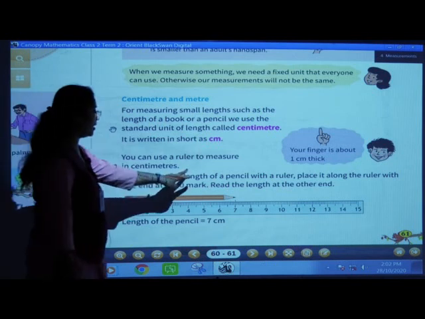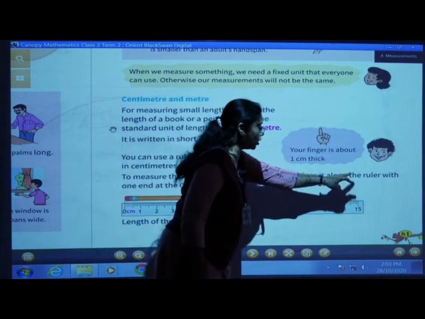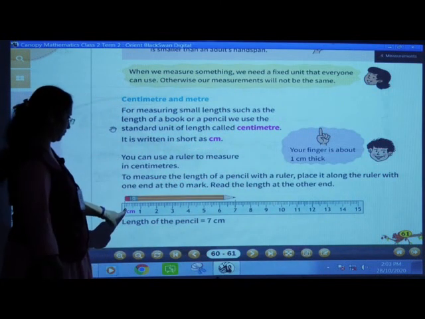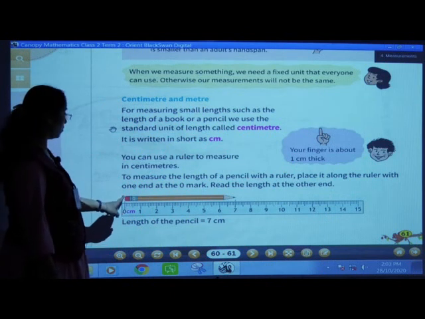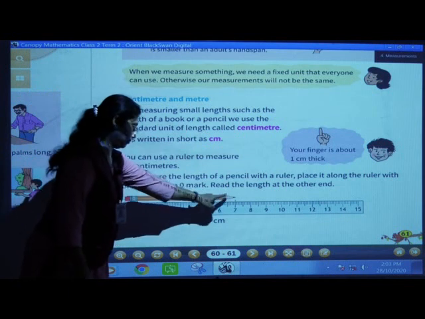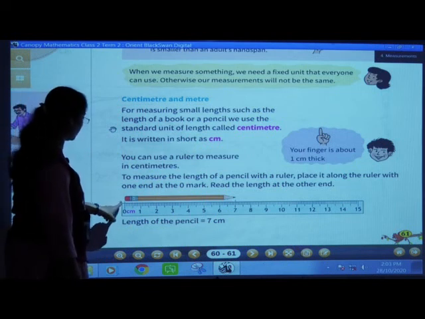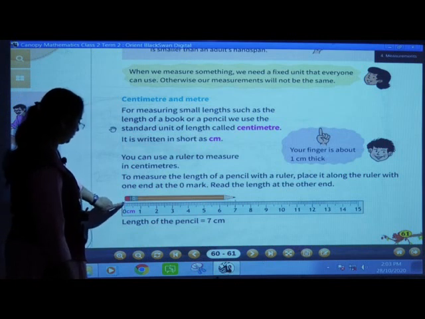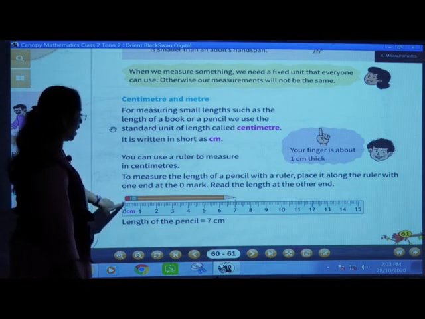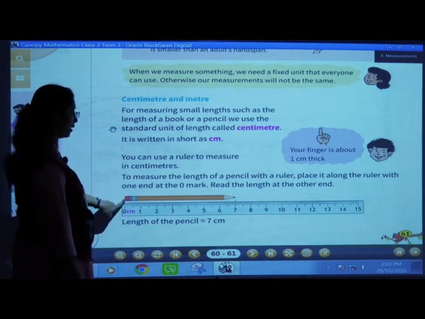To measure the length of a pencil with a ruler, place it along the ruler with one end. We have to measure the length of this pencil with a ruler. How will we measure? Place it along the ruler with one end at the 0 mark.